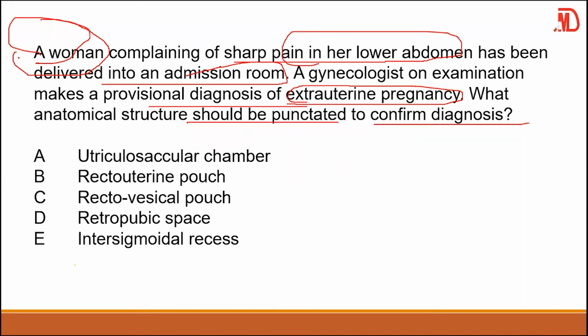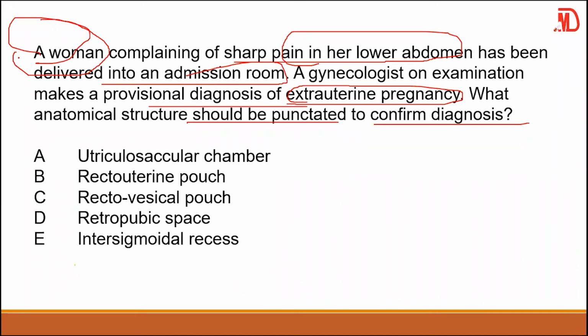This is an extension of the peritoneum between the posterior wall of the uterus and the rectum in females. Now, this is the farthest point of the abdominopelvic cavity in women.